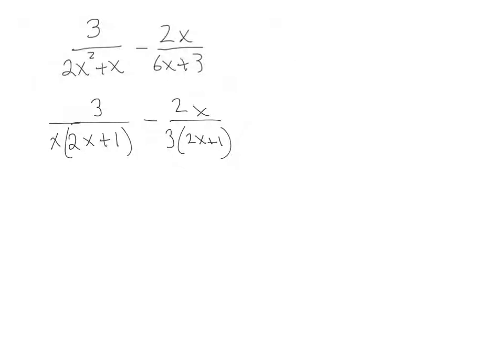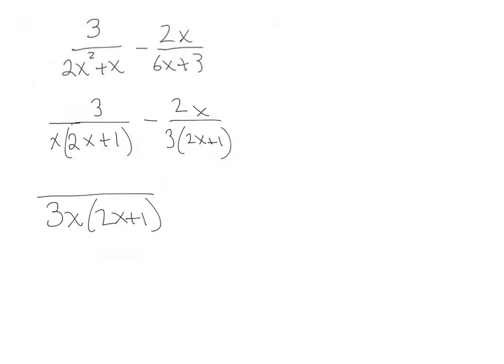That means these two denominators share a common factor of 2x plus 1, which means that our LCD is going to be the least common multiple of those two denominators, which means our LCD is actually going to be, in this case, 3x times 2x plus 1.